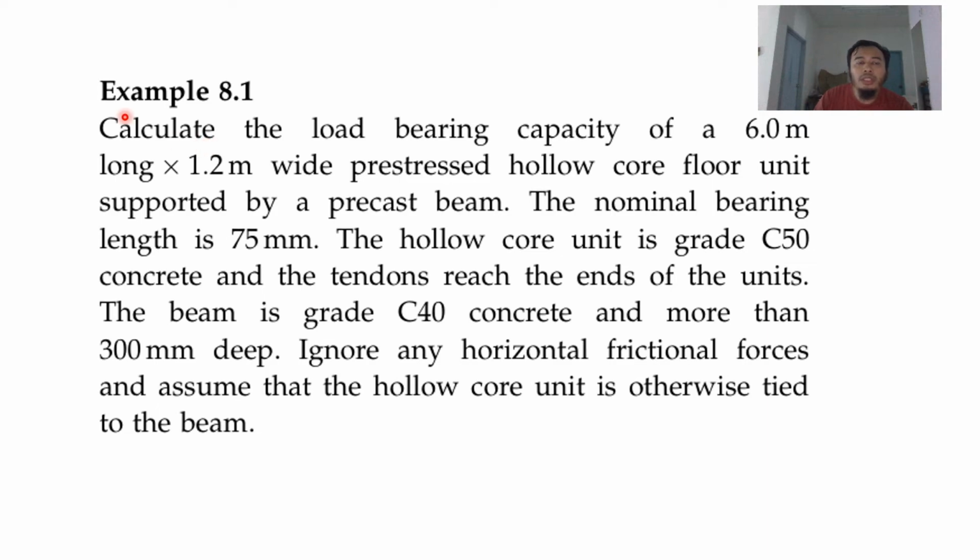The question, example 8.1: calculate the load bearing capacity of a 6 meter by 1.2 meter hollow core unit supported by a precast beam. So your slab is supported by a beam.